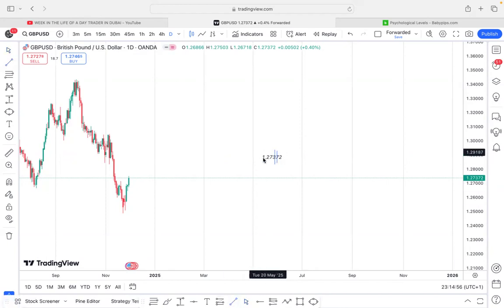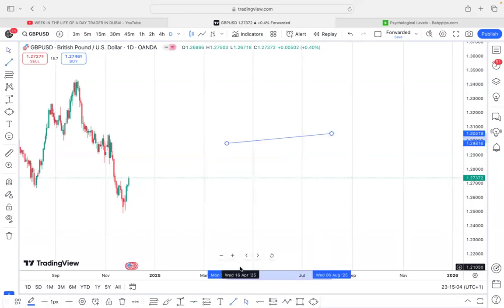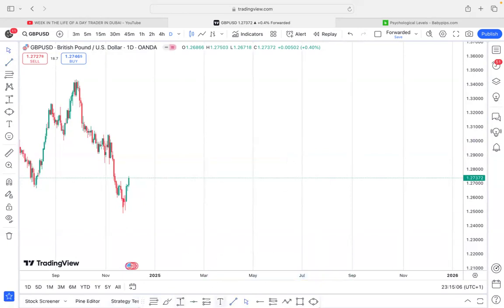Sorry, let me go over that again. I think I made a mistake. Our current price being 1.27372. Now we know we start to calculate our 1 pip from the 4th decimal place.